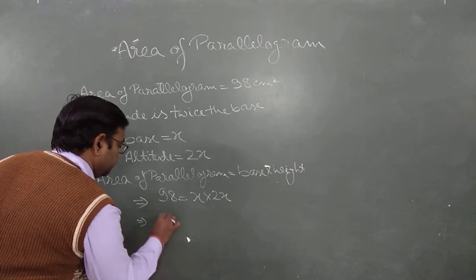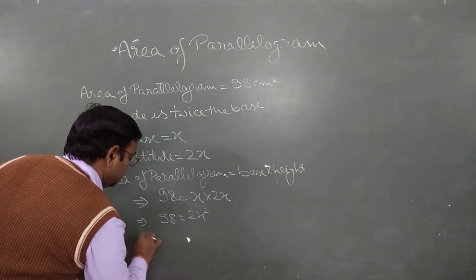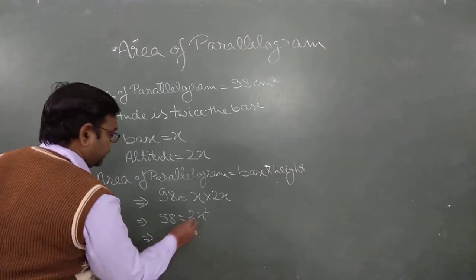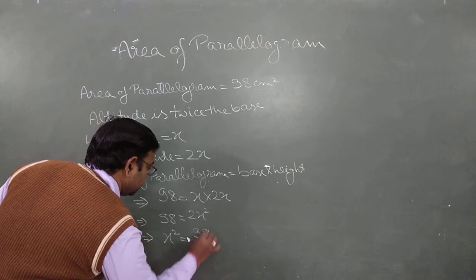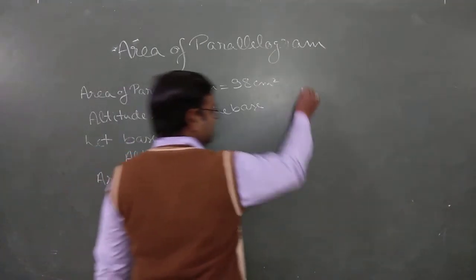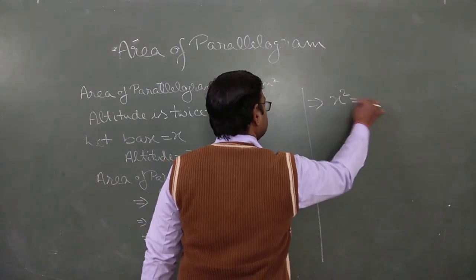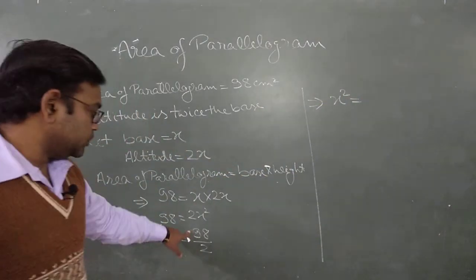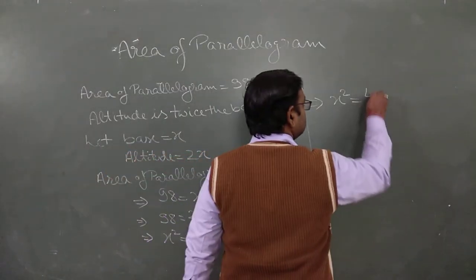We have 98 equals to 2x square. We can say x square equals to 98 upon 2. Come to this side. X square equals to 49.